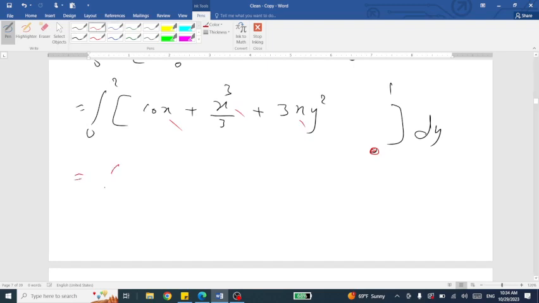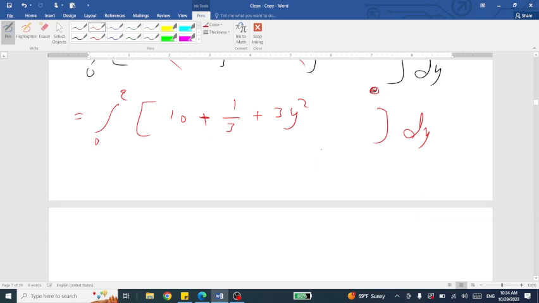I'll get 10 minus 1 over 3 plus y square, clear? 10 plus 1 over 3 will be 30 plus 1 is equal to 31 over 3.